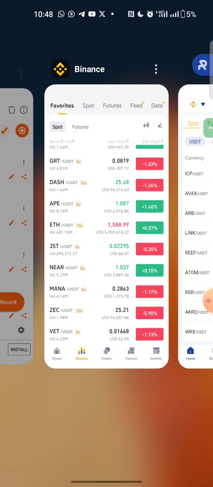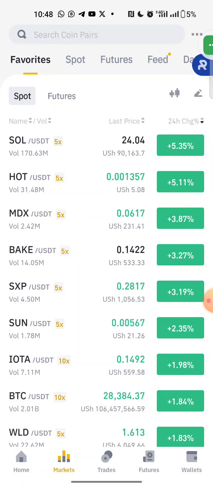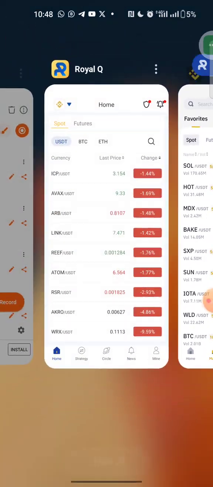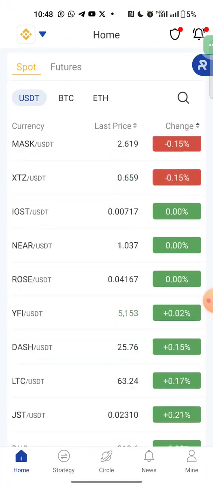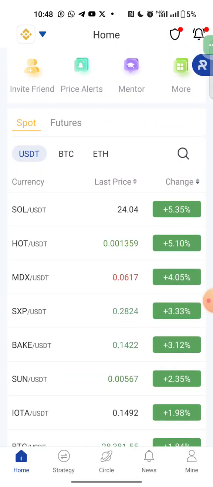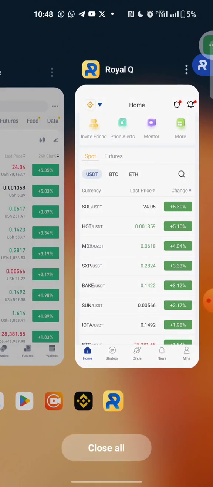Okay, so now on the percentage change, you want to sort these coins according to their last 24-hour percentage change according to Binance. Even when you sort them in Royalq, it is the 24-hour percentage change according to Royalq. I hope you see, because my list doesn't have some coins. You see here it is Solana leading, and it is also Solana leading.